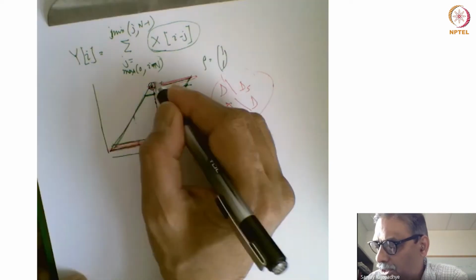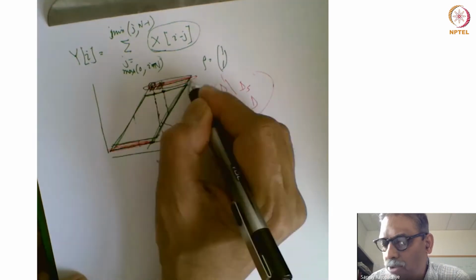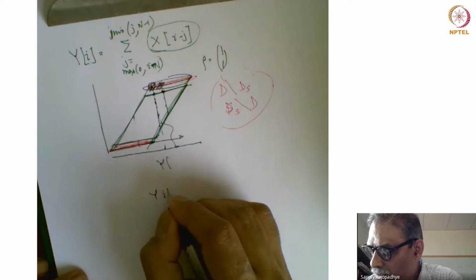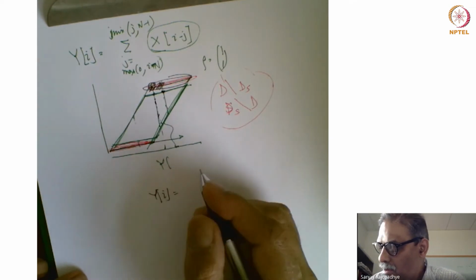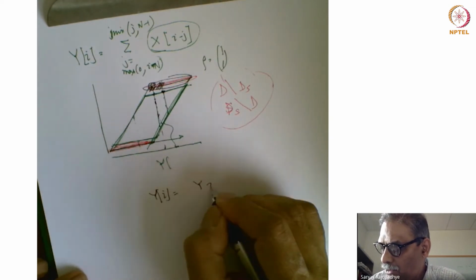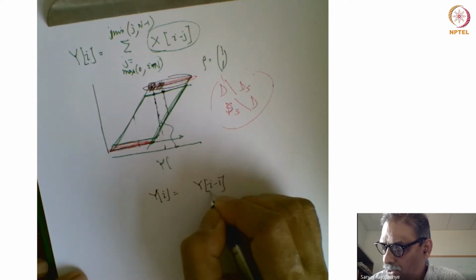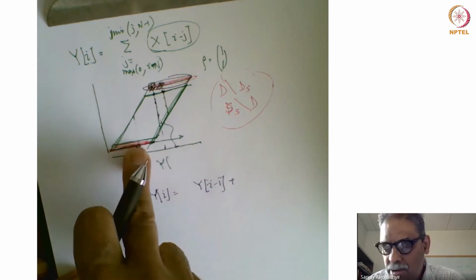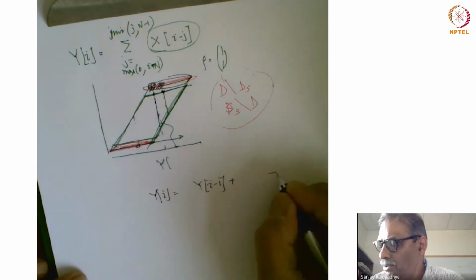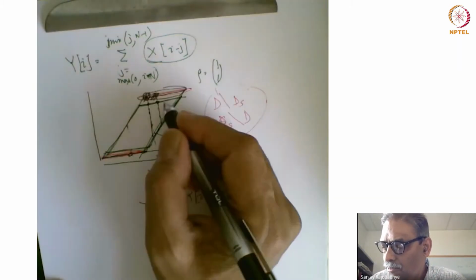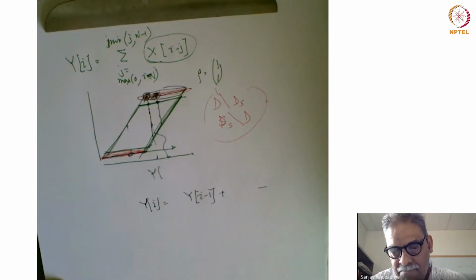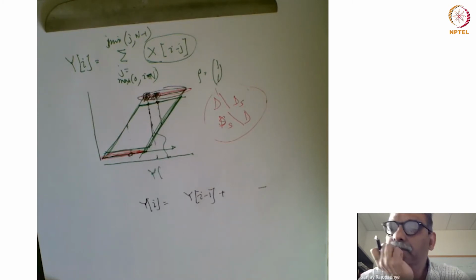So this is a new domain, which is a subtraction domain. So y of i is going to be y of i minus 1 plus one of the y terms from here and minus the y term from over here, right? Agreed?